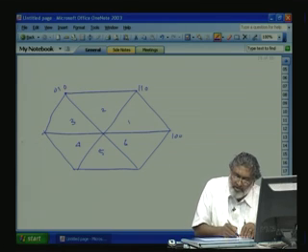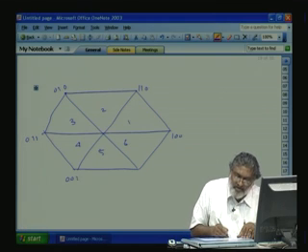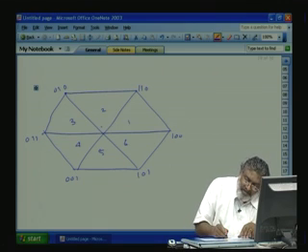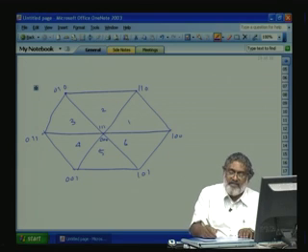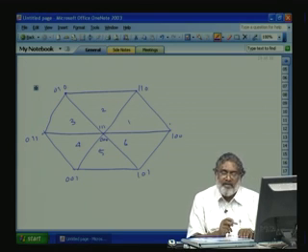If you see, these are opposite: 0 1 1. So 1 1 0 means the opposite has to be 0 0 1. This is 0 1 0, so the opposite should be 1 0 1. Now, the zeros are 1 1 1 and 0 0 0. Now, in sector 1, we are going from zero. So how can we go with minimum switching?